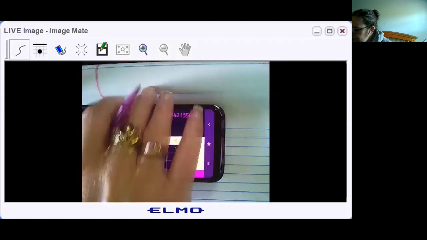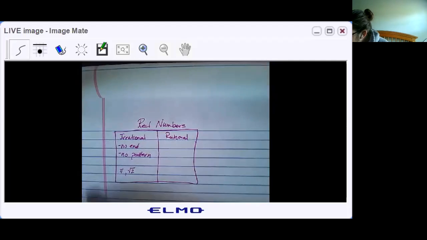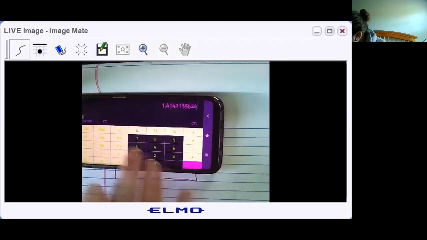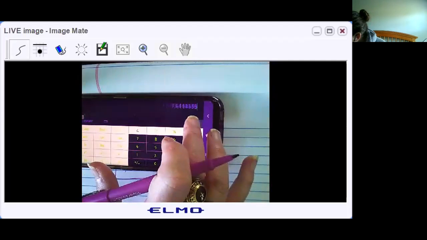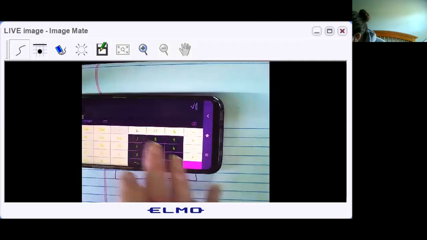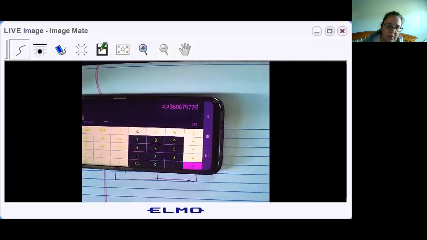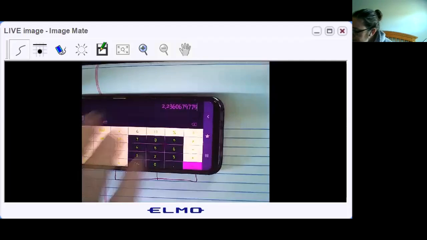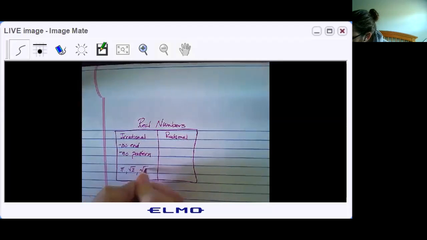So square root of 2. What if I tried square root of 5? Is there a pattern there? There's not. So that would be another one that would be considered an irrational number.